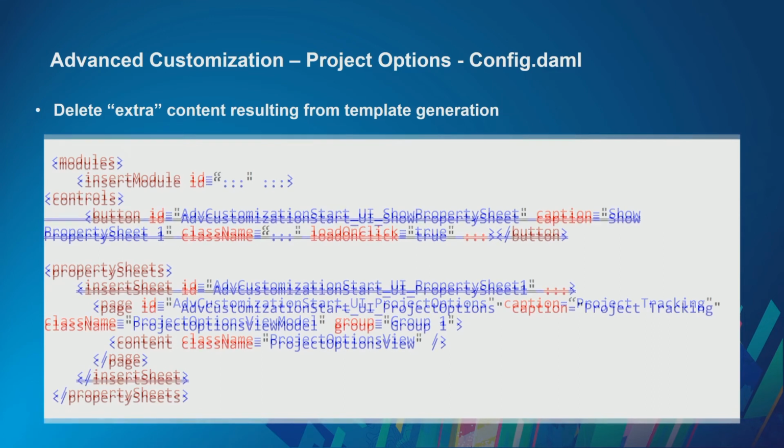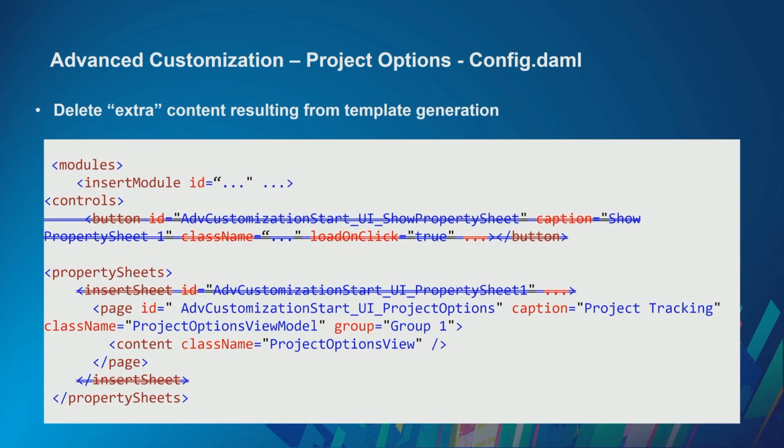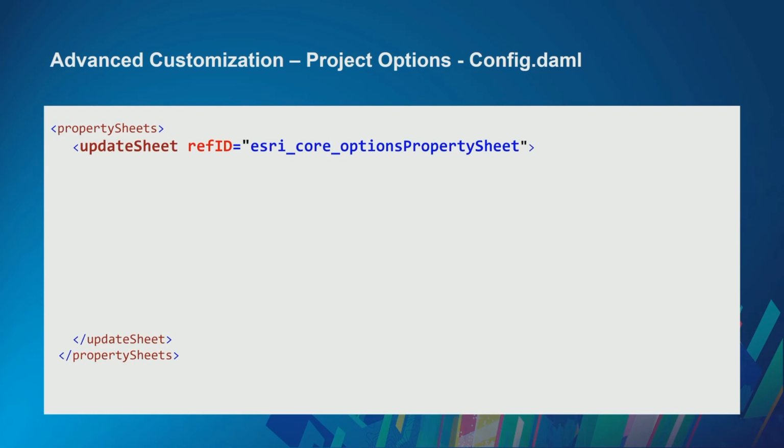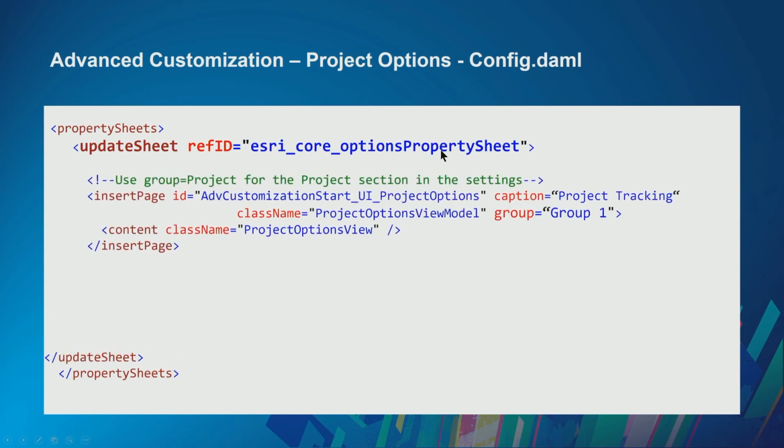So what we do is we delete everything we don't need. And then we use an update sheet. We want to update the Esri core options property sheet. And we take the pages that were generated earlier, copy and paste them in here. And we also change the tag from page to insert page, because update property sheet is a little stickler.